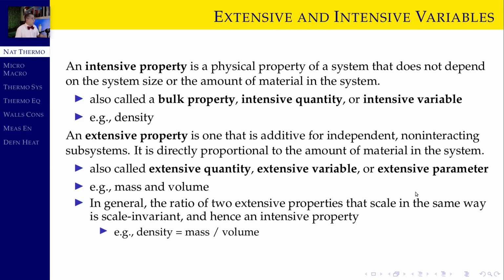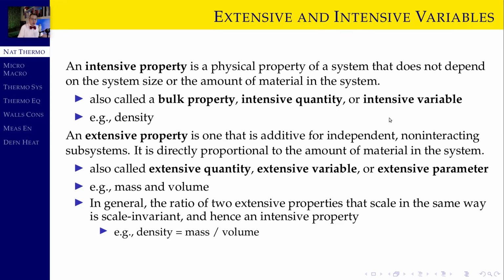So that's what we mean by thermodynamics sets limits. Now, we have what we call intensive properties and extensive properties. By intensive properties, we basically mean properties that do not depend on the amount of matter of the object that we are studying. So this is a bulk property, intensive quantity, or intensive variable. For example, density.